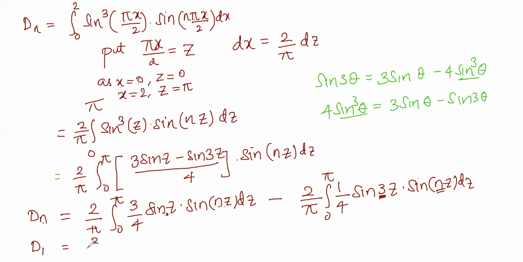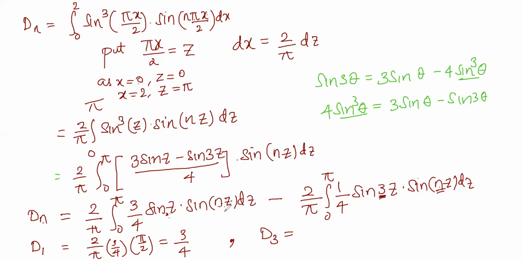So d1 will be 2 by pi, and this 3 by 4 will also be outside, and this entire quantity will become pi by 2. So that will give you 3 by 4. This other part will become 0 for d1 because here I'll get sine z, and here I have sine 3z. Similarly, when I find d3, the first quantity will become 0 because I'll get sine 3z into sine z.